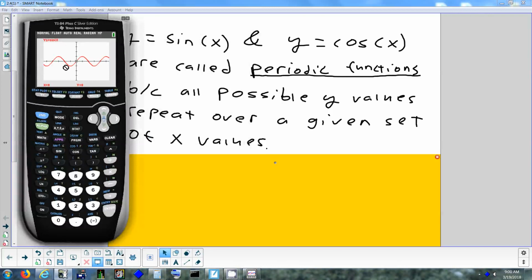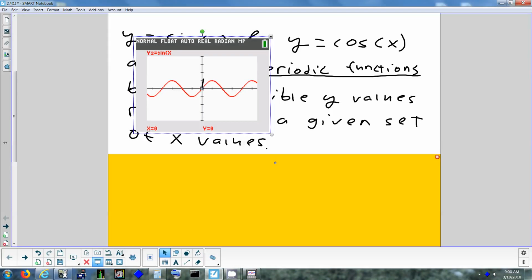The question is, how wide is it from here to here? In between those two black lines is one cycle.